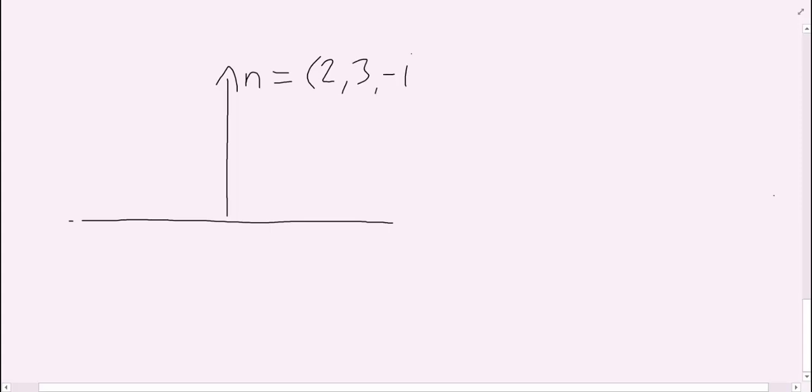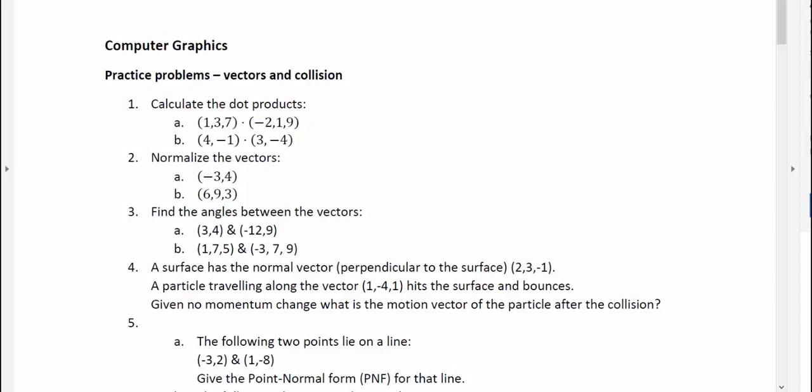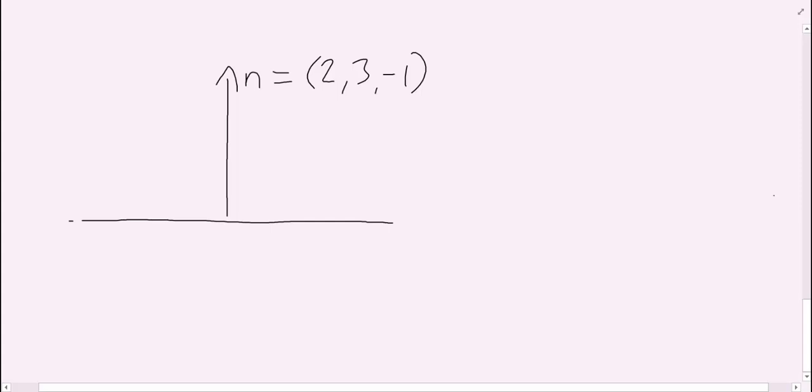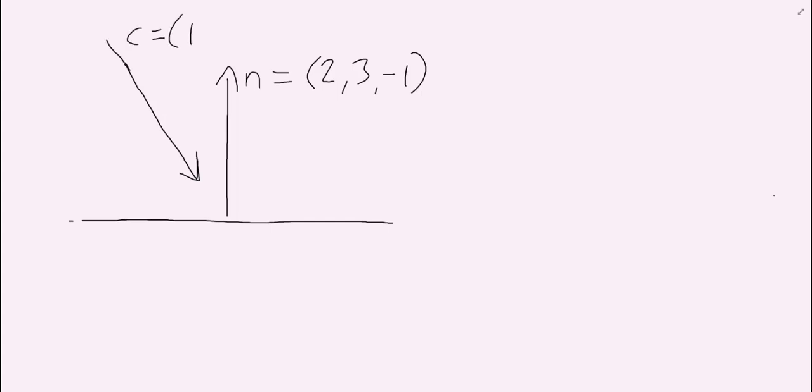A particle traveling along the vector 1, minus 4, 1. Let's call it c equals 1, minus 4, 1.